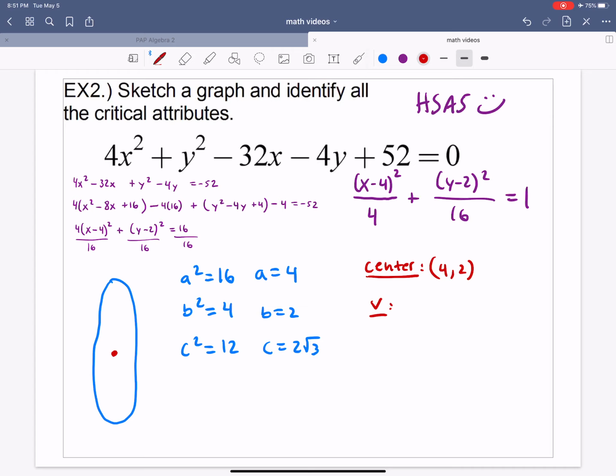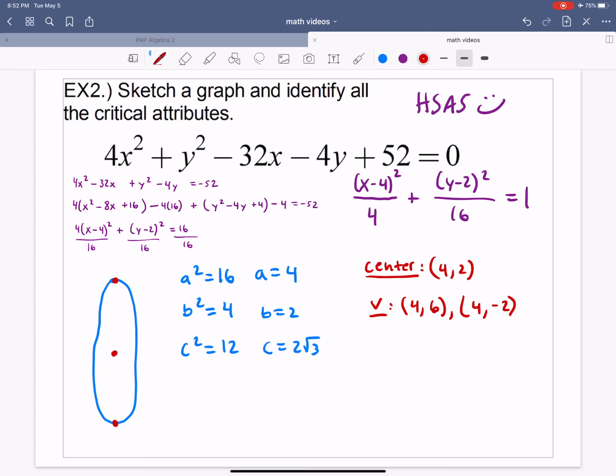The vertices. Remember, we always use the A value for the vertices, and we're going to go up A, and we're going to go down A, because this is a vertical ellipse. So we're going to keep the 4 the same, but we're going to go up 4 from 2, so that's going to be 4, 6, and there's also going to be a vertex at 4, negative 2.